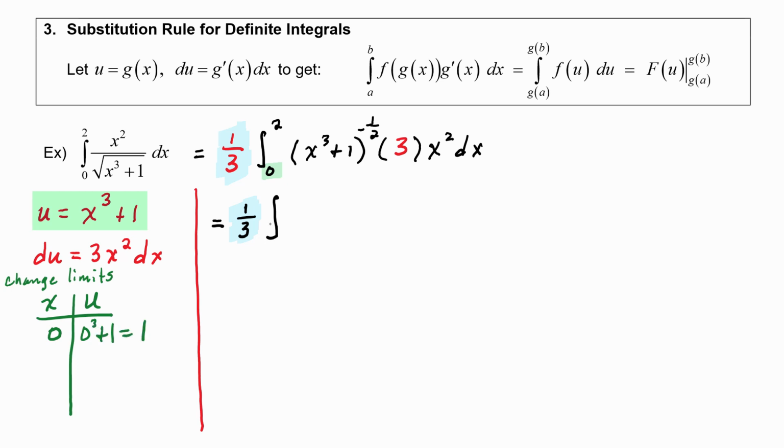So in the new integral, the lower limit is going to be 1. Now the upper limit of the x integral was equal to 2, which means the upper limit for the u integral will have to be 2 cubed plus 1, which is 9. So we know that's going to go here for the upper limit.